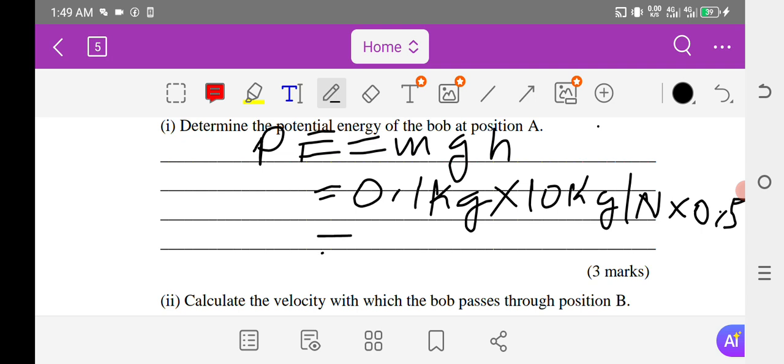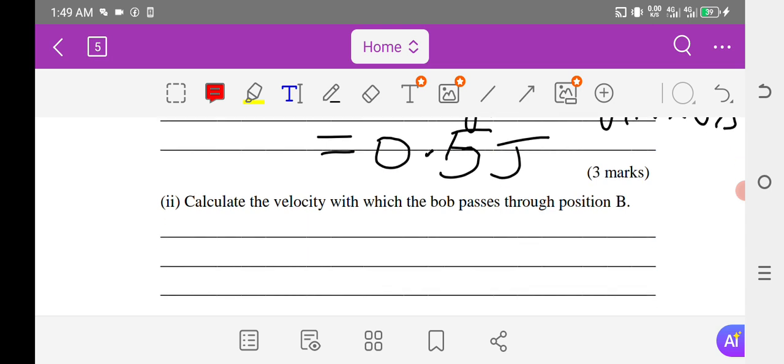So the answer should be 0.5 joules. Remember, the unit of work done is the joule, because work done is the same as energy transfer.